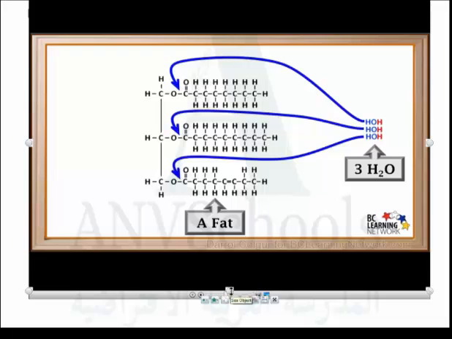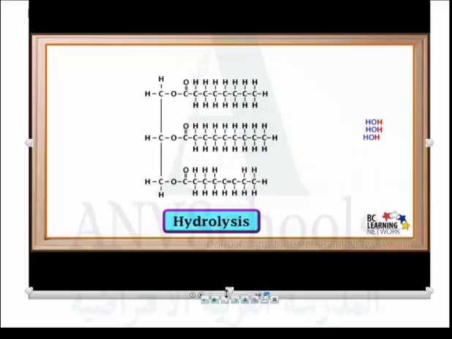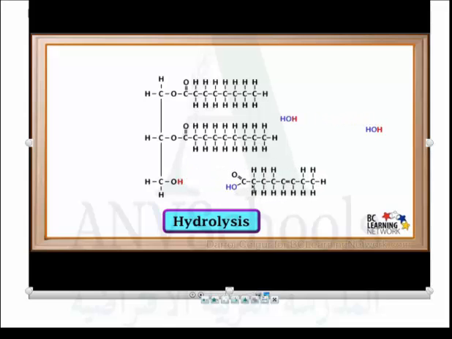We can also put back the water to break the bonds, as you see here. So when we put the molecule of water, this will break the bonds.